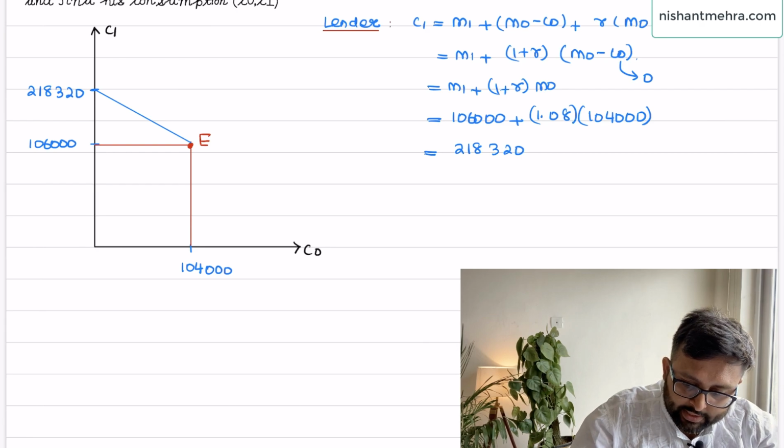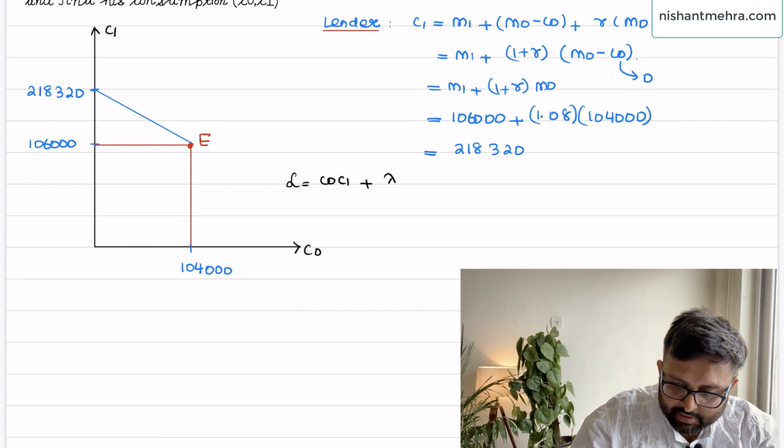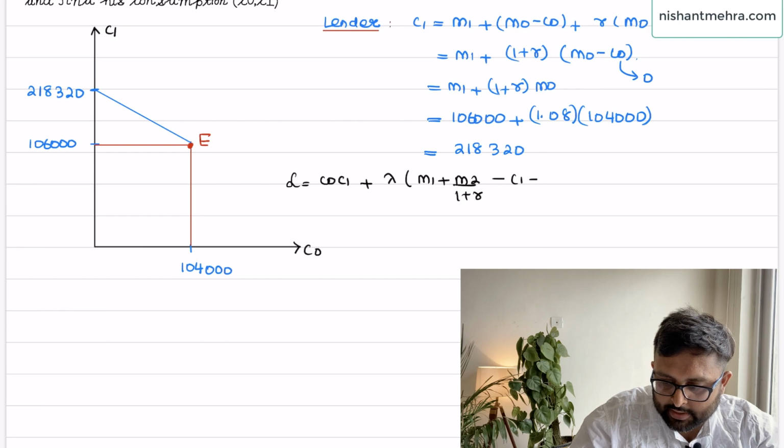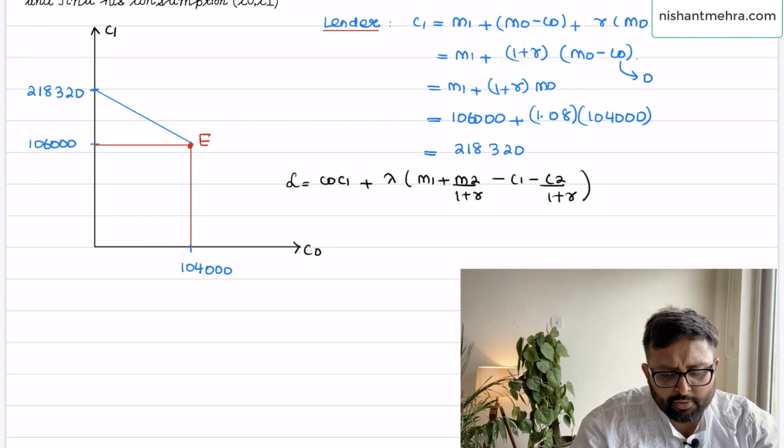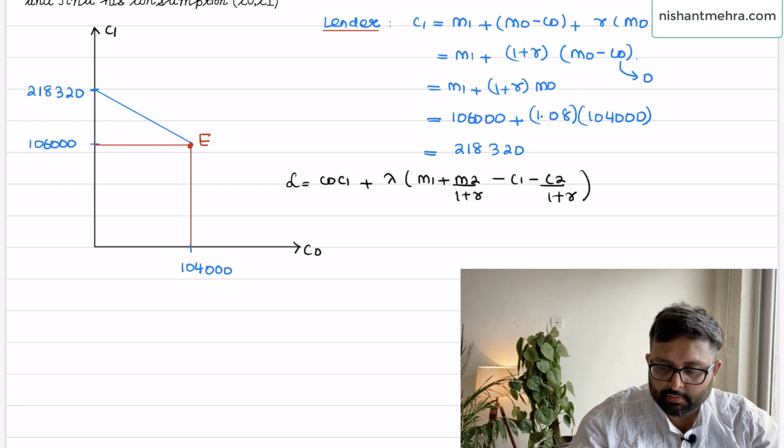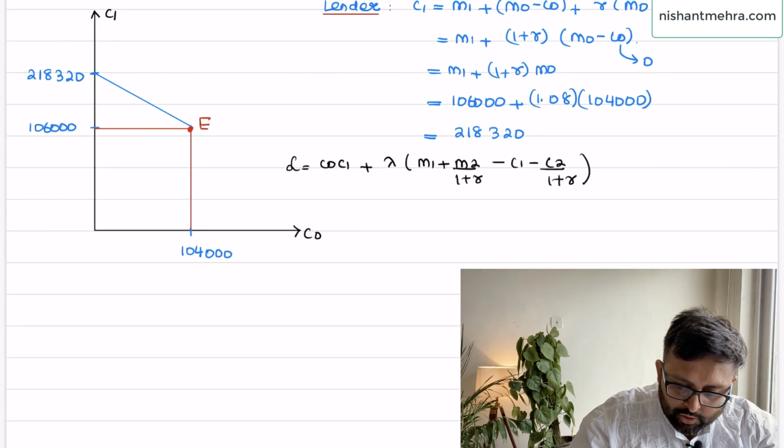If he decides to be a lender, then he will be maximizing C0 C1 plus lambda (M1 plus M2 upon 1 plus R minus C1 minus C2 upon 1 plus R). I'm not repeating this again because you're going to get the same answer.